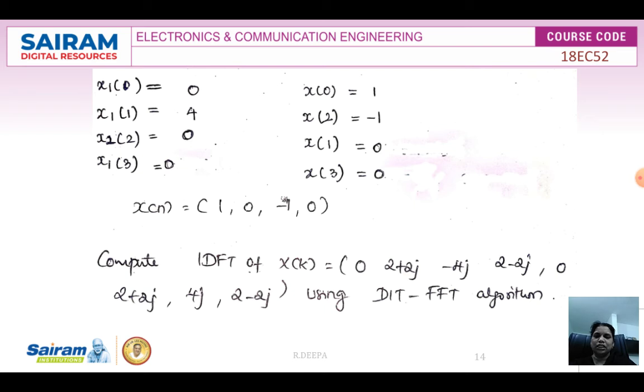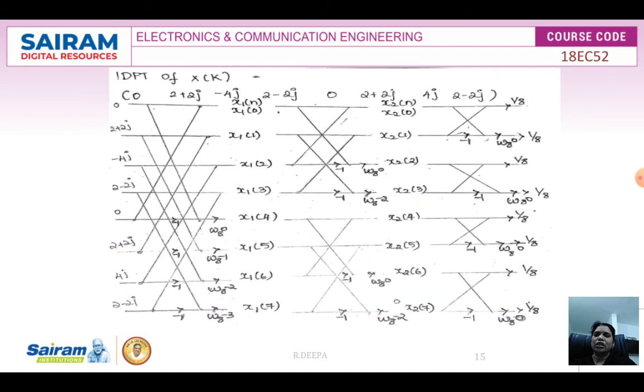So first, the step is you need to draw the complete flow diagram for the radix 2 IDFT using the DIT FFT algorithm. Once you draw the structure, you can feed the input and get the output. So first let us draw the IDFT structure for the DIT FFT algorithm.